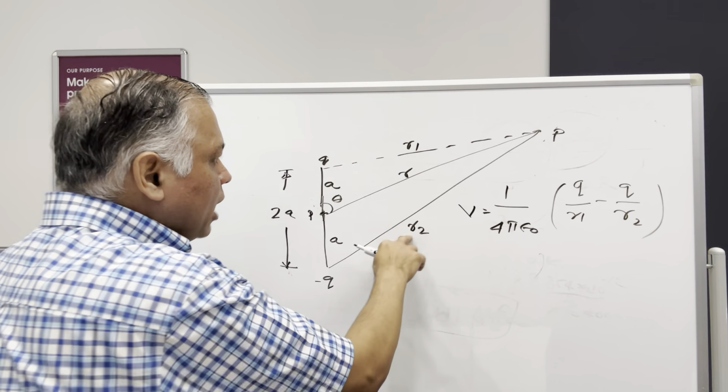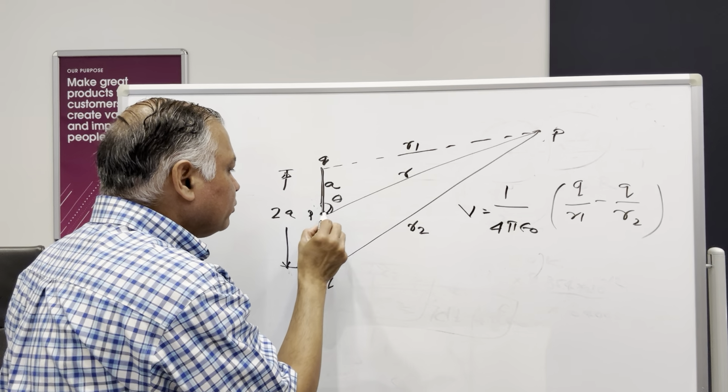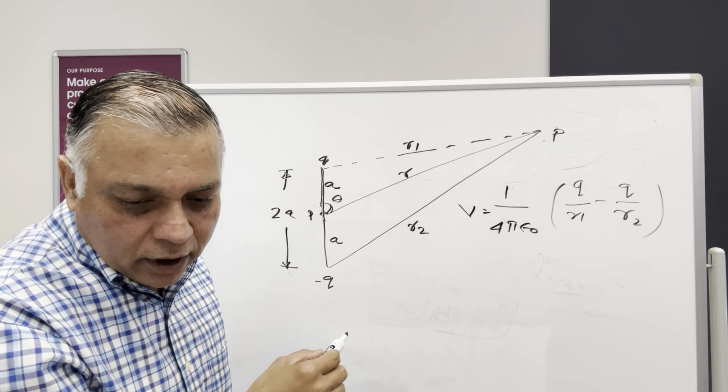So r1 and r2 are the distances of the charges from point P. Now this angle, maybe you were confused here while applying the trig, right?